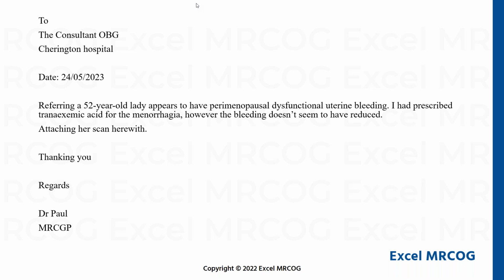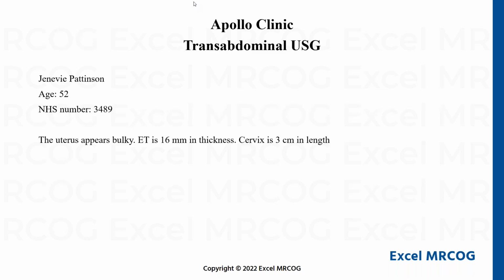The possible differential diagnosis would be abnormal uterine bleeding due to endometrial hyperplasia, as the endometrium here shows 16 thickness, or an endometrial polyp, or something sinister like endometrial cancer, or drug-induced endometrial hyperplasia. That is what I can think of.